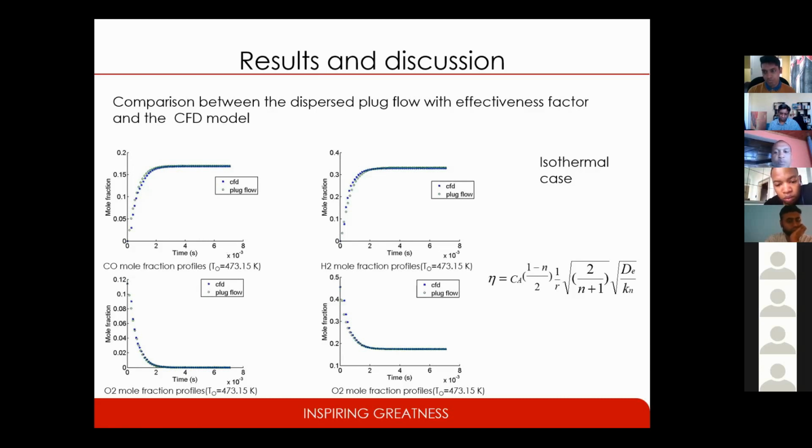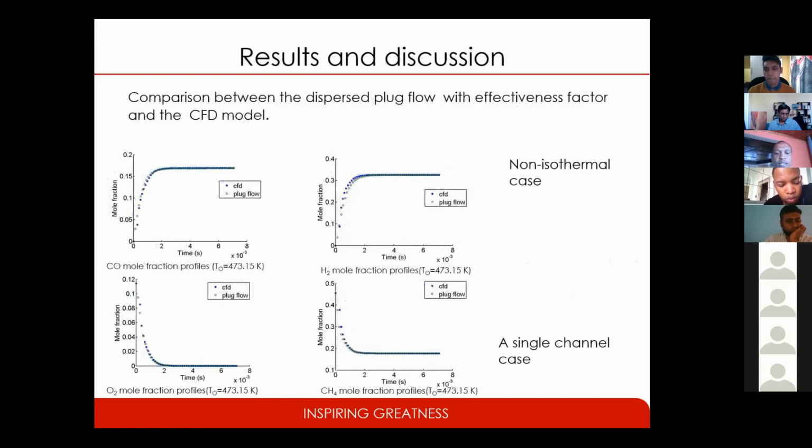Remember, we did this for two cases, the effectiveness factor for the isothermal case and the non-isothermal case. And even for the non-isothermal case, we realized that upon using the effectiveness factor, there is that close agreement between CFD and the plug flow model for a single channel monolith.